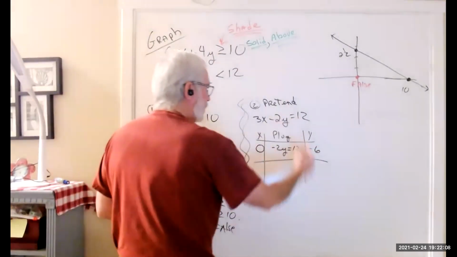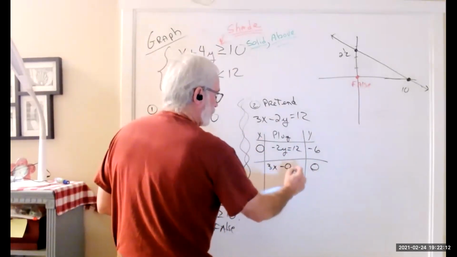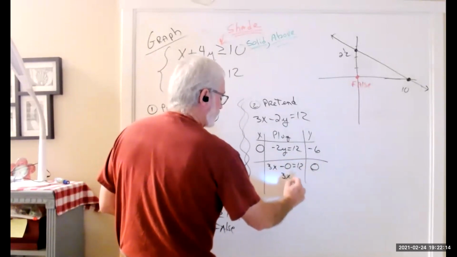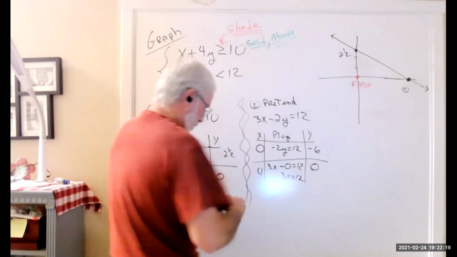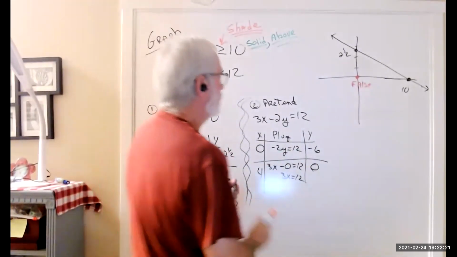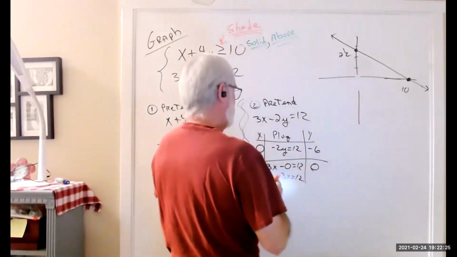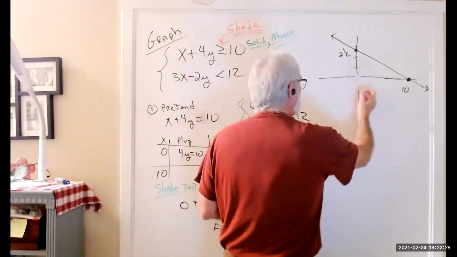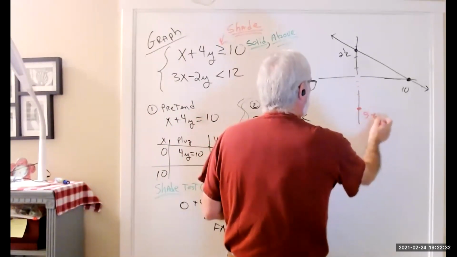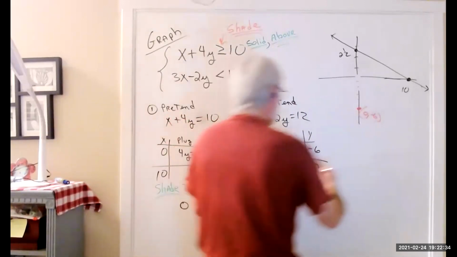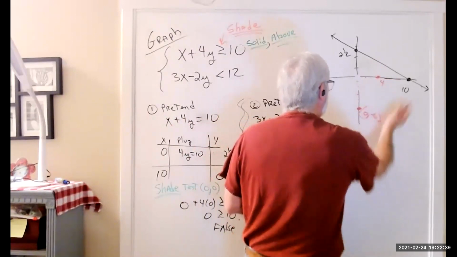Plug in y is 0. I get 3x minus 0 is 12. That makes 3x is 12, so x is 4. So I'm going to say (0, negative 6), that's right there, and (4, 0) is right there.